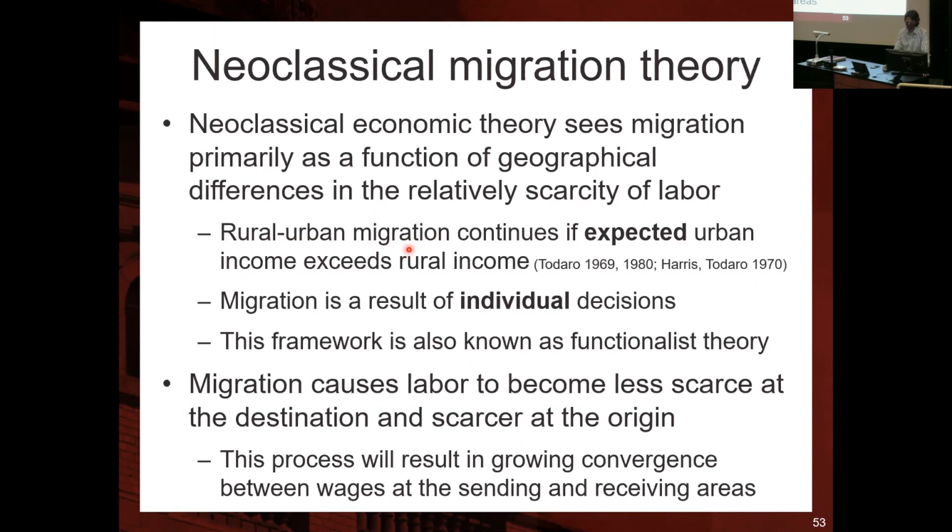He mentioned that migration from rural to urban areas might continue to happen even if income in urban areas on average might actually be smaller than income in rural areas.